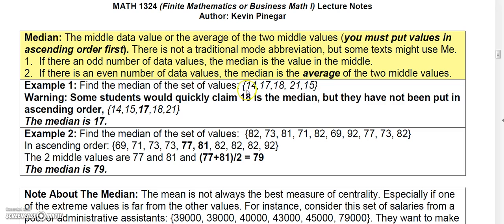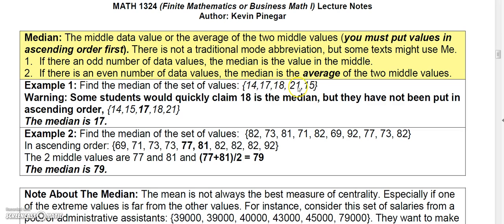So in my set of 5 scores here, I have an odd number of data values. And notice that if you don't put them in the right order, you wouldn't get the median correct.